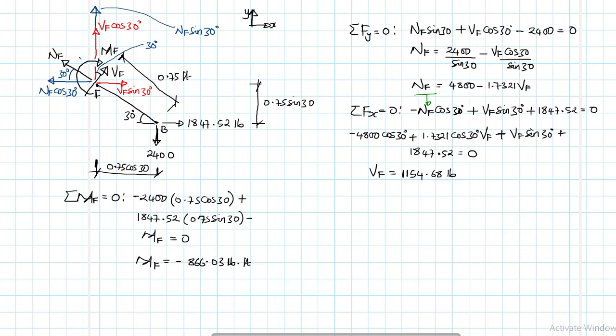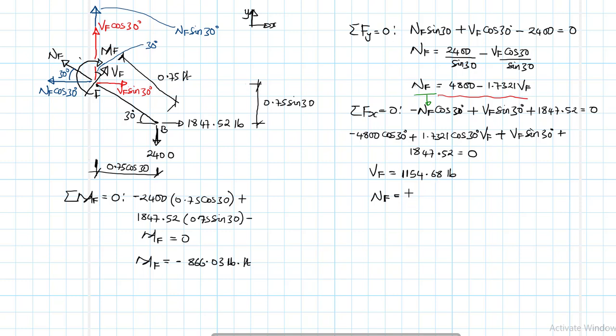Let's find what NF is. NF therefore is equal to, we can just use this equation here. So NF is going to be equal to 4800 minus 1.7321 times VF, which is just 1154.68.